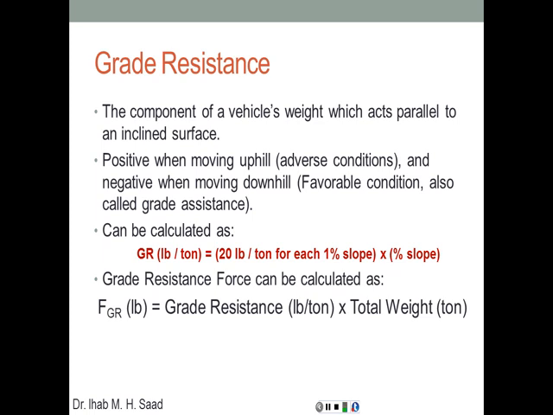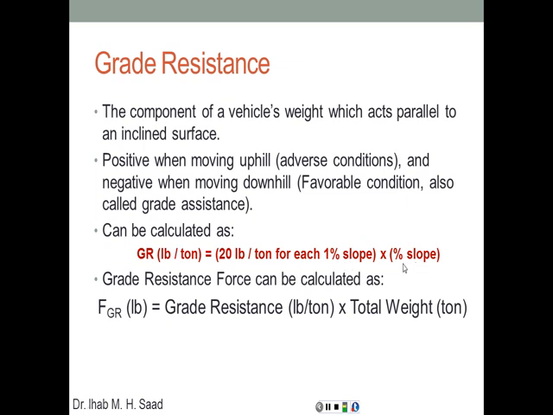Grade assistance can help reduce the rolling resistance. And it can be calculated exactly the same way as we did with the rolling resistance. The grade resistance can be expressed in pounds per ton, which is equal to 20 pounds per ton for each 1% slope times the percent slope.